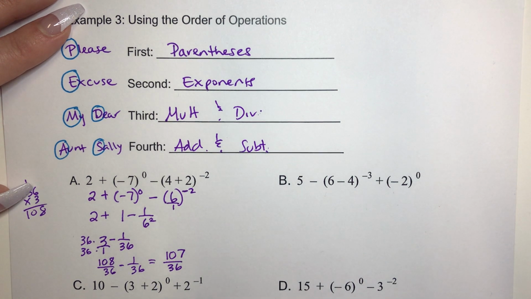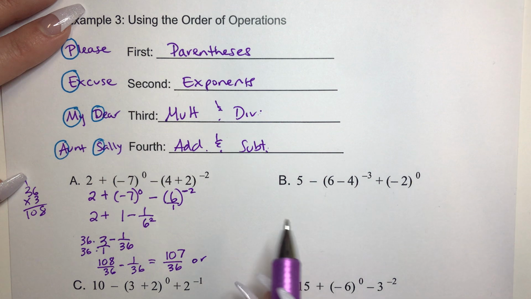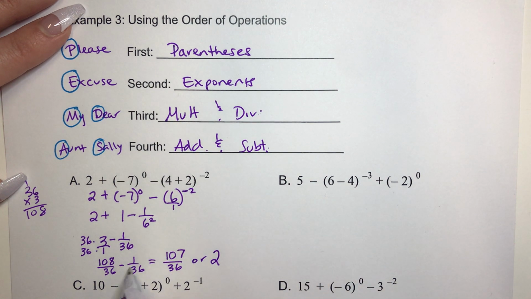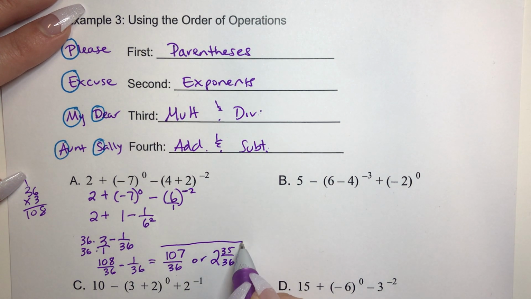So, yeah, that's going to be our answer, or this is probably going to be 2, and because we only took 1 away, it's going to be 2 and 35/36. So the improper fraction and the mixed number. All right.